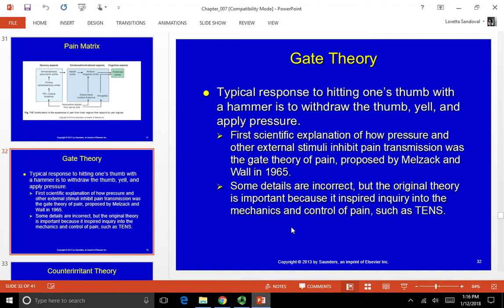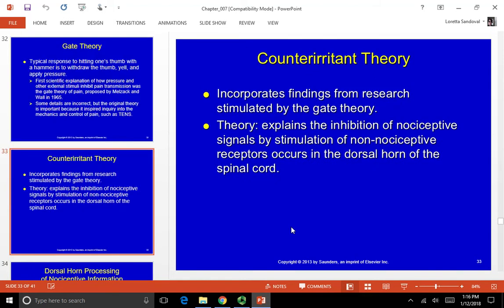So some of the details of the original gate theory are now thought to be incorrect, but the original theory is important because it inspired inquiry into the mechanics and control of pain, such as using TENS to help control pain. So sort of the modern version of gate theory is counterirritant theory, which incorporates findings from that original research and the research that was stimulated by the gate theory research.